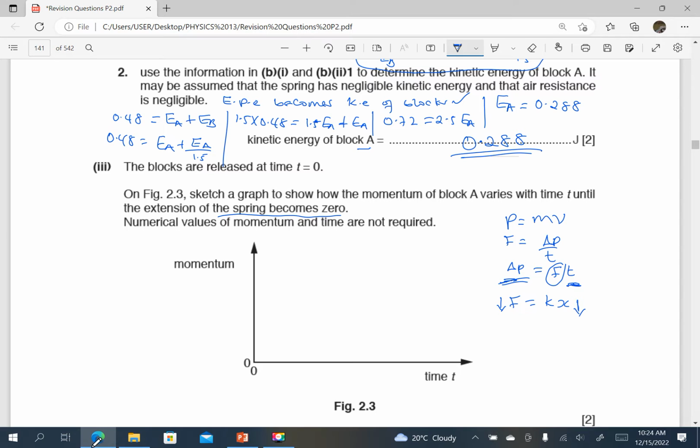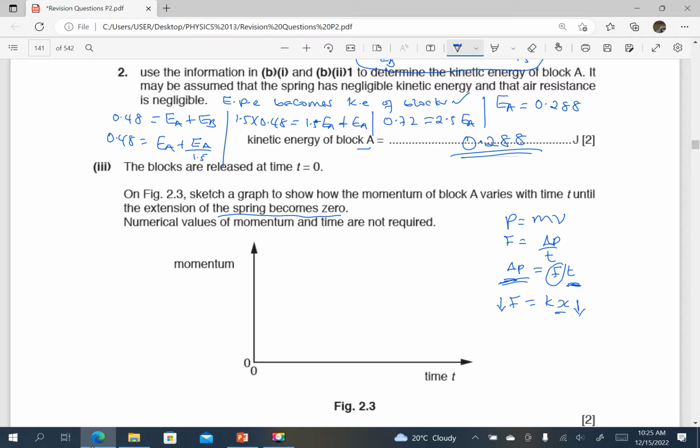I repeat, because the value of x is decreasing with the time, the force must also be decreasing because the force depends on that extension. And force is the rate of change of momentum. If I plot a graph of momentum with the time, the force is going to be the gradient. Since the force is decreasing, the gradient of the graph of momentum against time should be decreasing from a certain value.